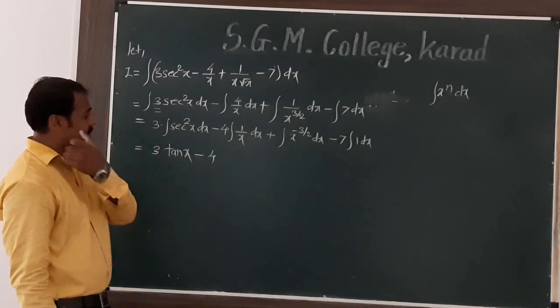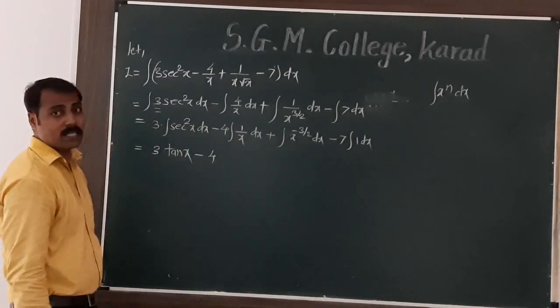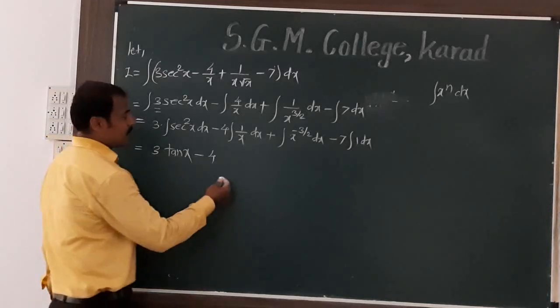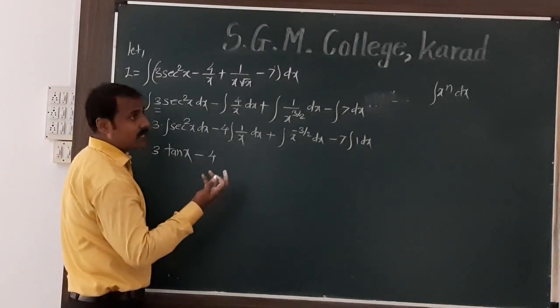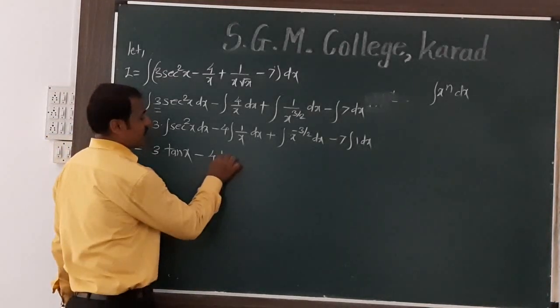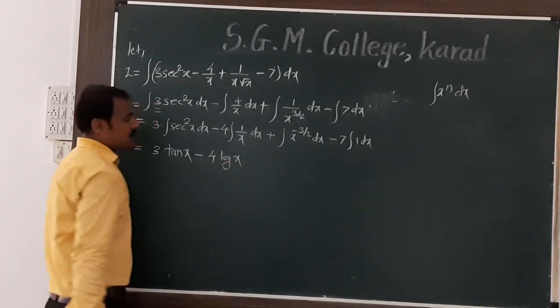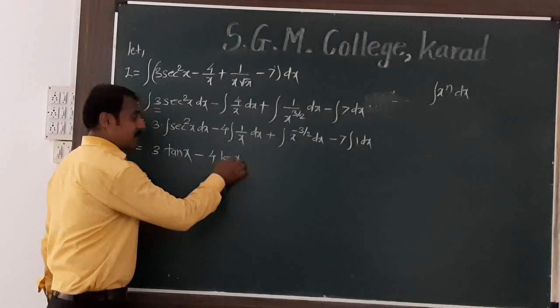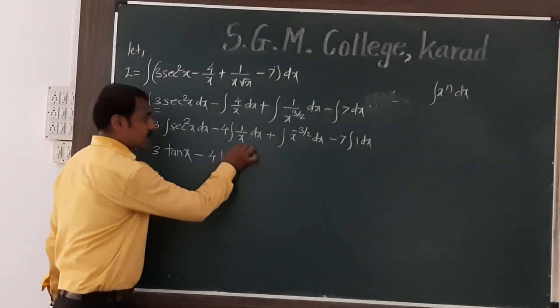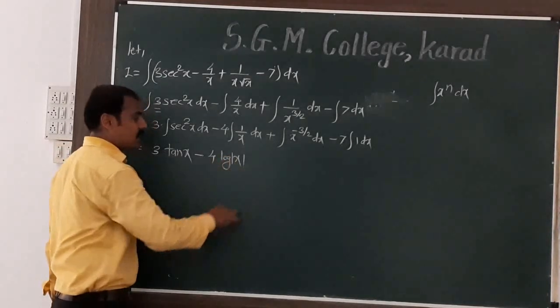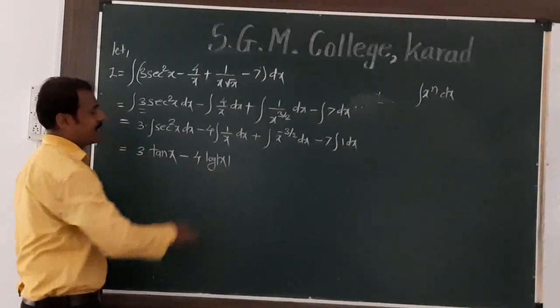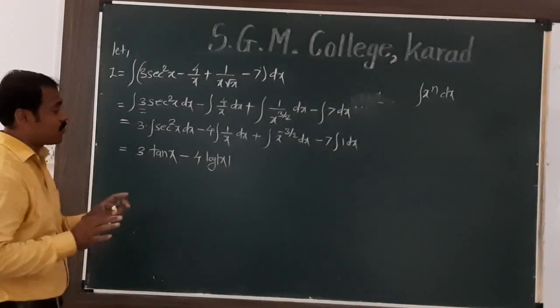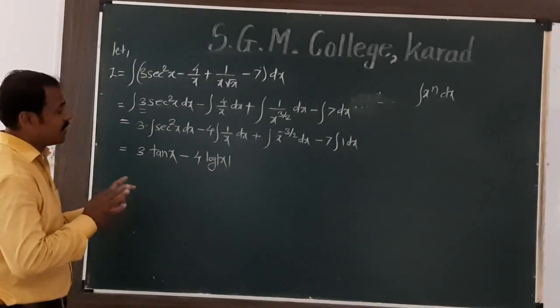Integration of 1 upon x: whose derivative is 1 upon x? The derivative of log x is 1 upon x. So integration of 1 upon x is log x. But we don't know whether x is positive or negative. That's why we put the modulus sign here, because logarithms of positive numbers are defined.